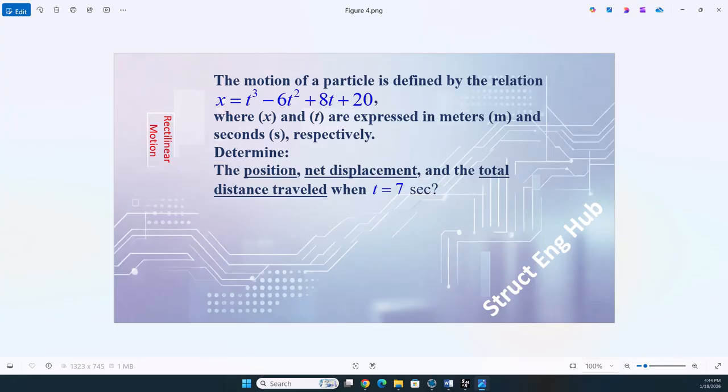Identical solutions can be obtained by integrating the velocity with respect to time within the interval given in the question to determine the net displacement, and then integrating the absolute value of the velocity with respect to time within the interval given in the question to obtain the total distance traveled.